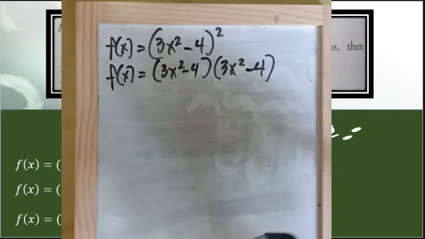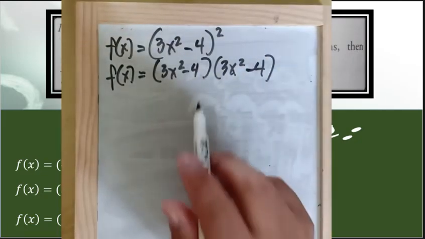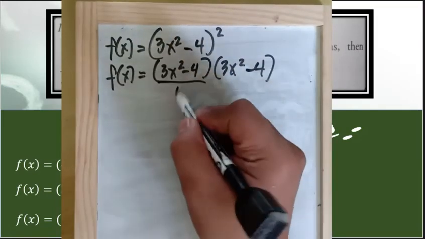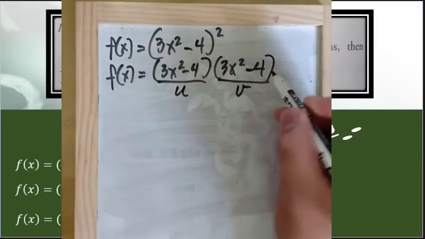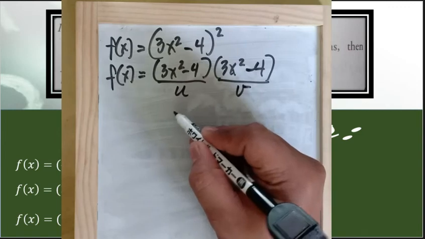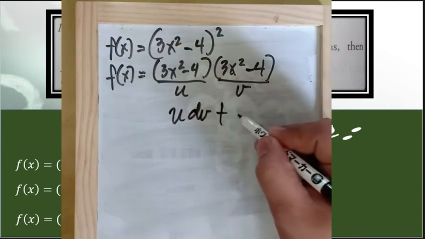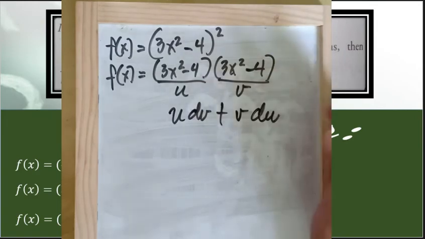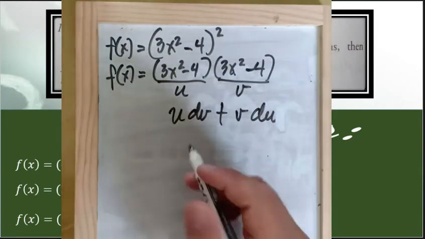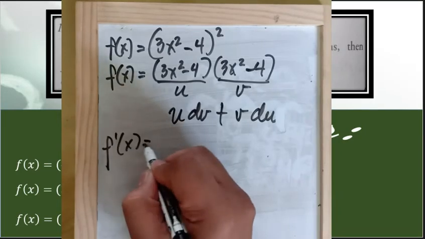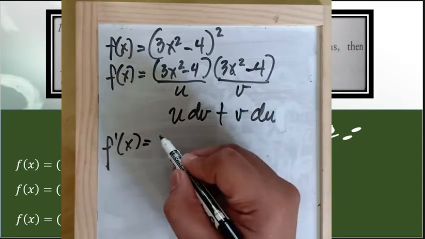That's the use of the exponent. That's the number of times we will multiply the number to itself. Okay. So this would be our u function, and this will be our v function. And the notation is u dv plus v du. Okay, let's solve now. So f prime of x is equal to, what is the u function?